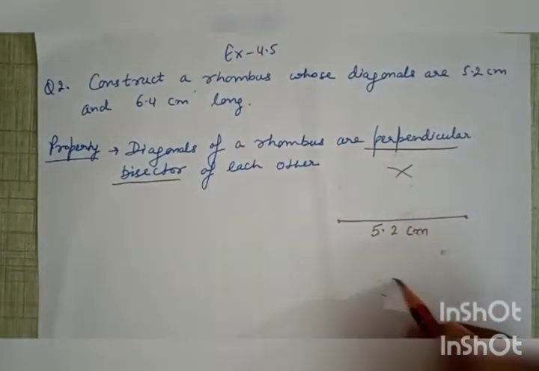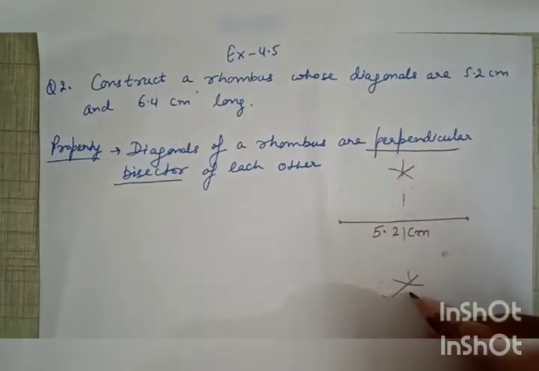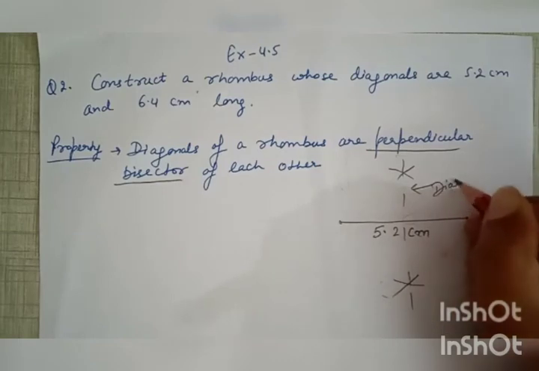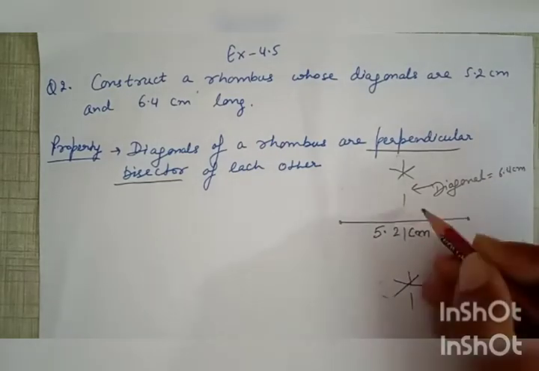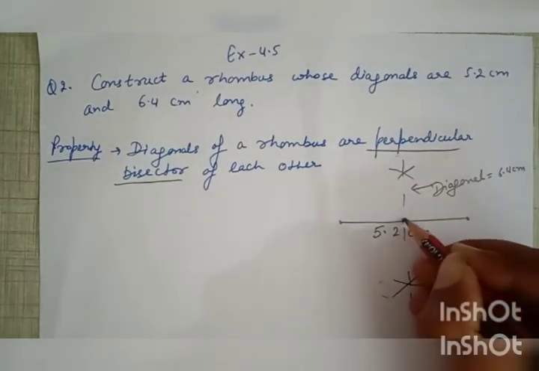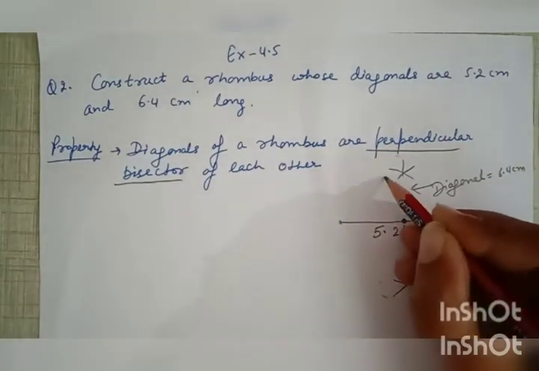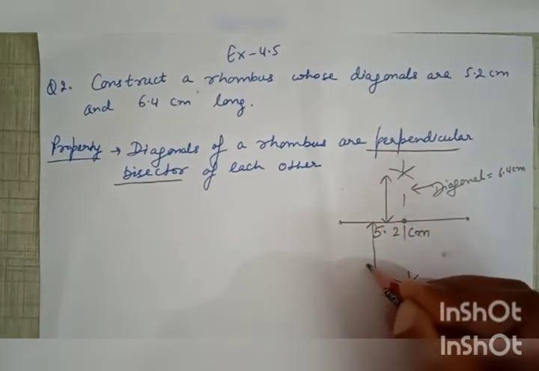In this manner we can draw the perpendicular bisector. Once I'll get the perpendicular bisector, this will be the second diagonal. And the second diagonal is 6.4 centimeter. Because it is getting bisected at this point, it means half of 6.4, that is 3.2, it will be above this line and 3.2 will be below this line.